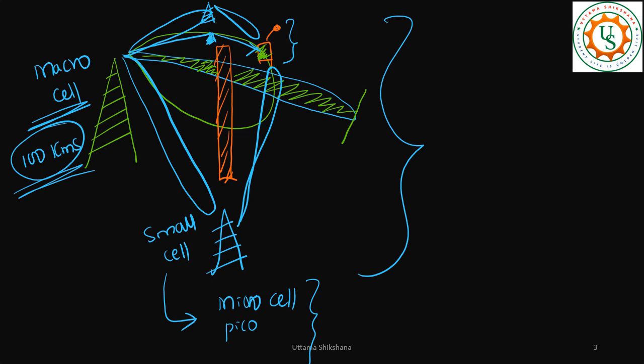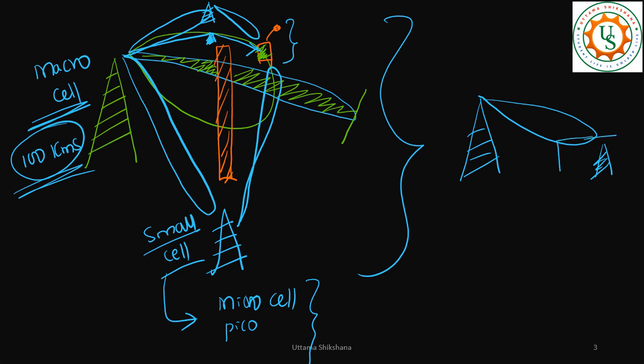So what is the application then? Since there is a small cell, one application I have already covered, but 5G is also planning to have these small cells such that, let's say there is a macro cell over here, and first it will form the beamforming to the micro cell. This micro cell is installed in a large building or a tech park. In the tech park we will have large buildings, right?